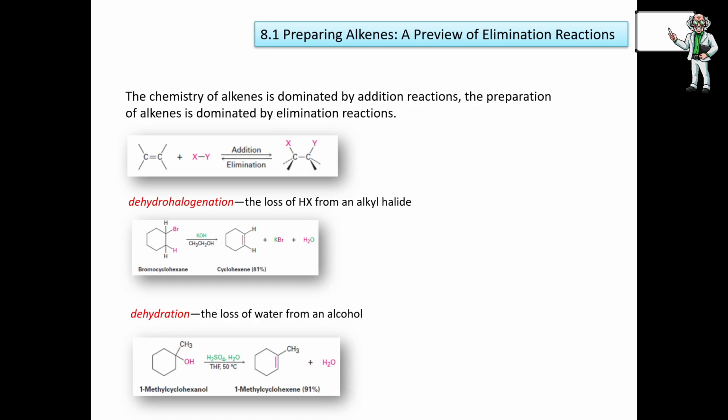Okay, basically what we are doing is the opposite reaction to what we did when we were adding hydrogen bromide to a double bond. Okay, another common method is the dehydration.